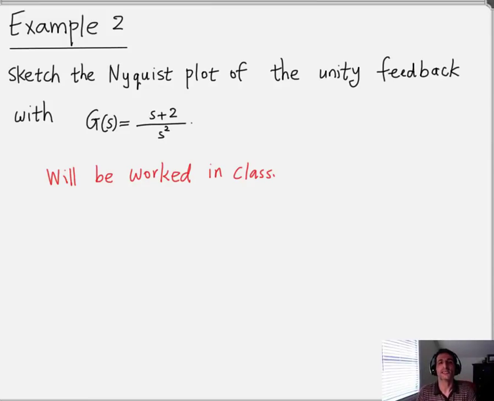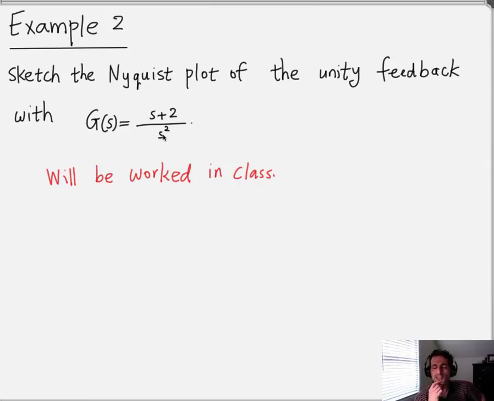All right, the second example I'm not going to do now, but I'm going to work in class. I'm going to show you how to sketch the Nyquist plot of a unity feedback system with G of s equal to (s plus 2) over s squared. This example is slightly different from the one I worked before, because here I have poles or zeros located on the j omega axis.